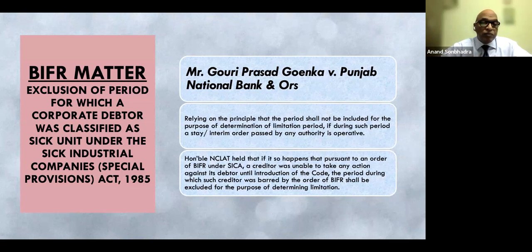And then if the application is filed within 3 years, if 3 years is the applicable period, and 3 years has not elapsed, adding these two blocks of time, then that application is within the limitation period.